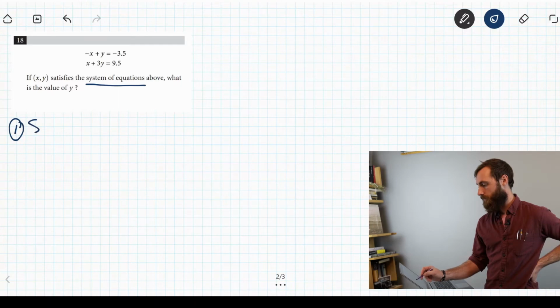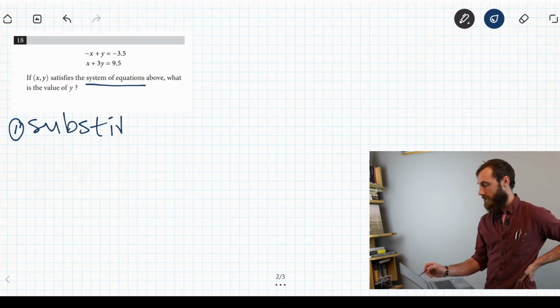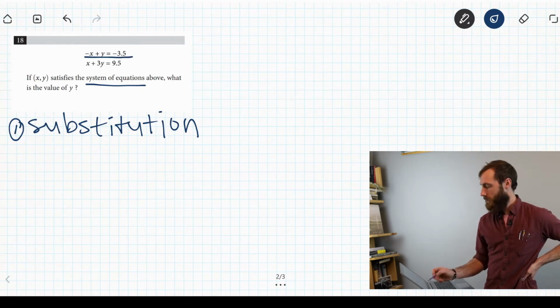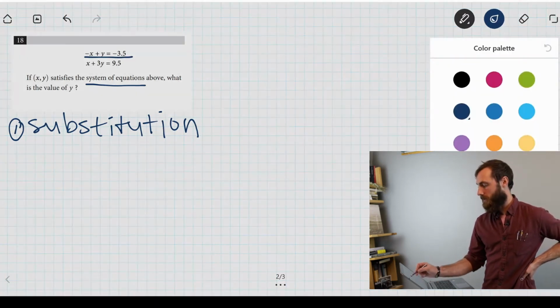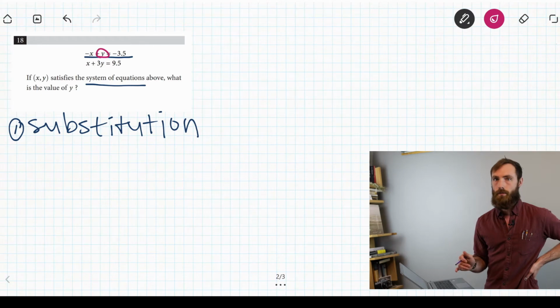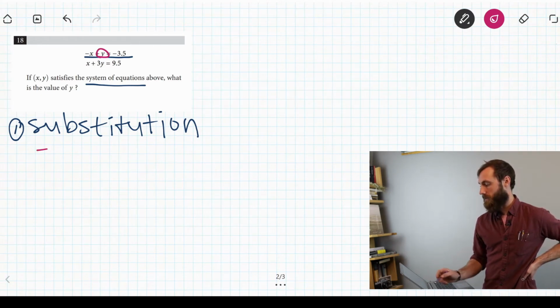The first one, substitution. To substitute, the first thing that I need to do is to choose one of the variables, either x or y, in that equation that I think is easy to isolate. So I'm going to choose this equation, and I'm specifically going to choose the y variable because I notice there's only one operation I'd need to perform. I'd have to add x to both sides.